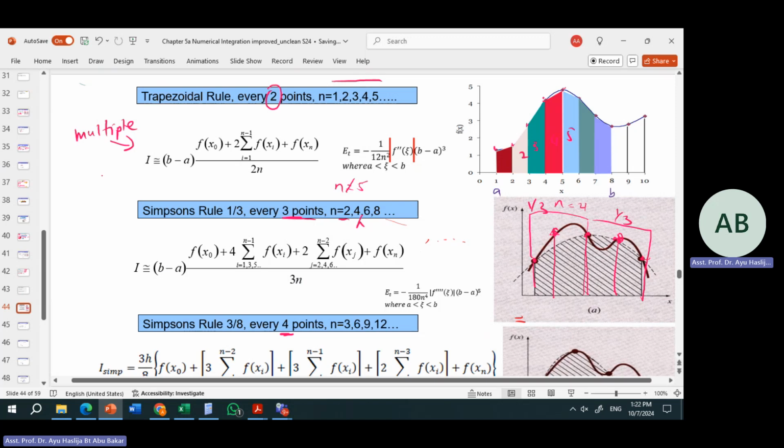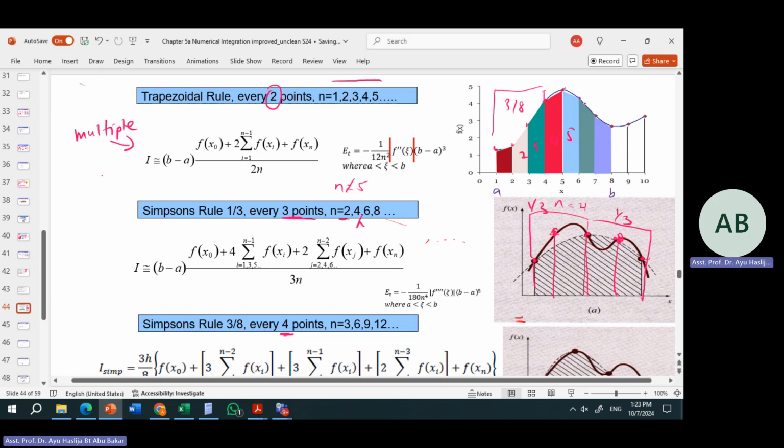Minimum is n equals 3. Here you can use 3/8, single application. Let's say n equals 5 as well. 3/8 requires 4 points.